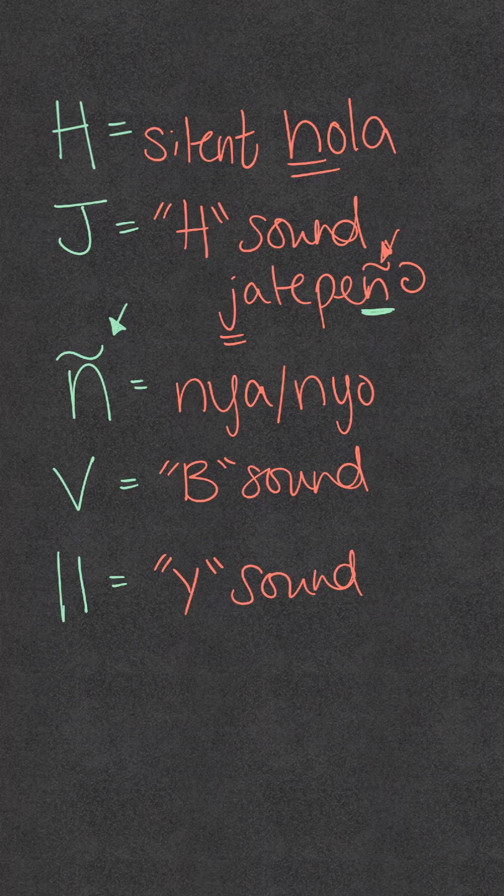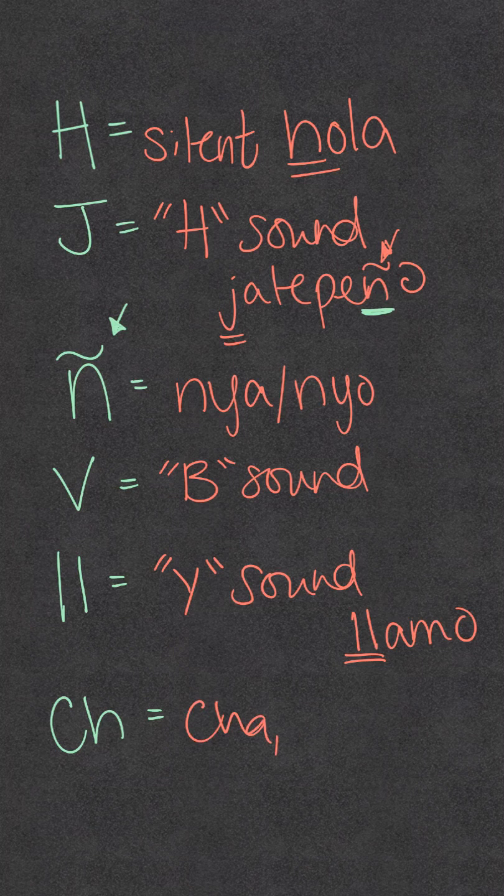So I like to look at the word llamo. Llamo. Notice that llamo in the beginning there, not lamo. All right, and our last letter that we're going to look at, or combination here, is the CH, which, fortunately for us, sounds just the same as it does in English, like cha, cha, cha.